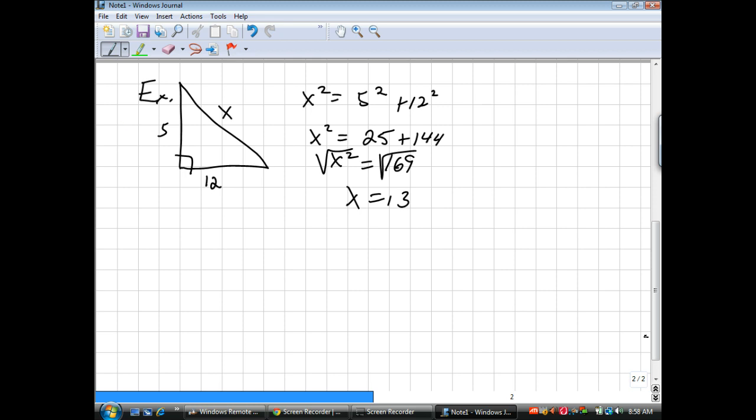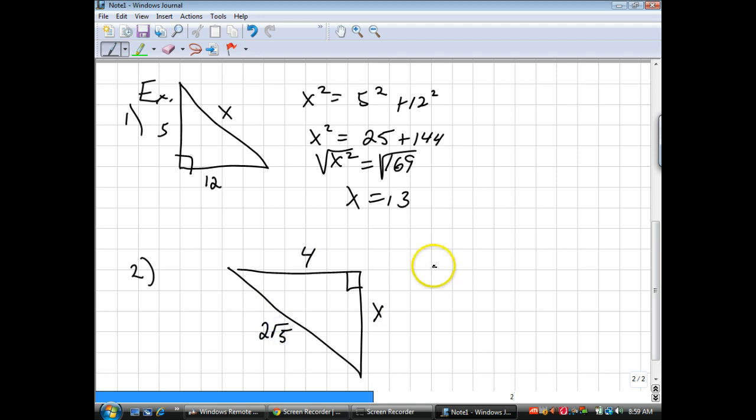Okay, example 2. If I have this right triangle where this is 4, this is x, and the hypotenuse is 2 square root 5. So in this case, I know that 2 square root 5 squared is equal to 4 squared plus x squared.